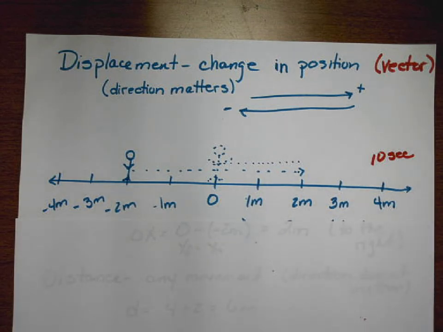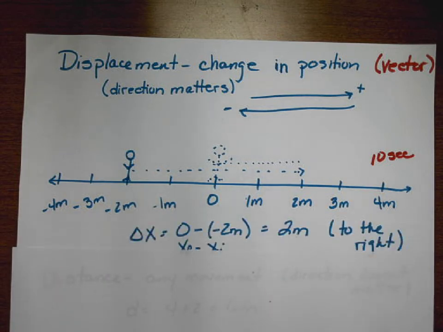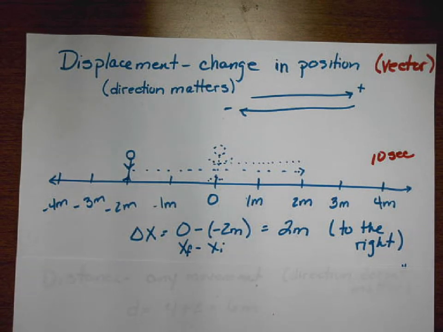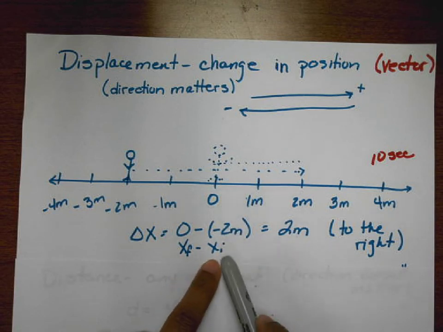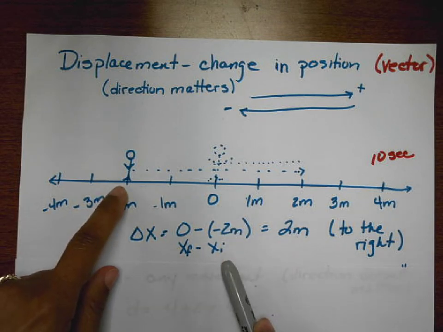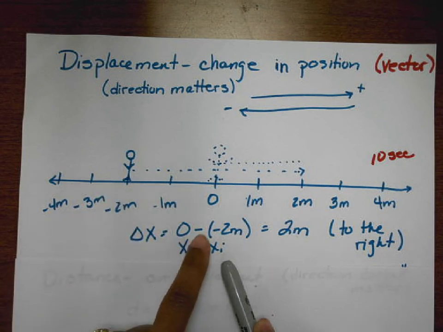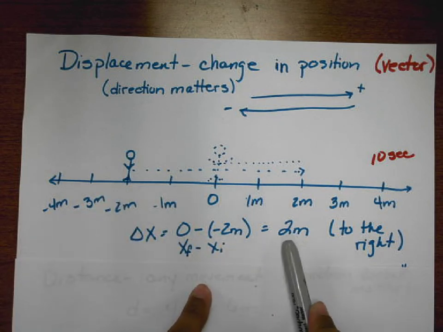According to the definition, displacement is the change in the position, the difference between where he started and where he ended. And there is a nice little equation, and it's called delta x. Delta x, the change in the position, is the final position minus the initial position. So my final position is at the 0 meter mark. My initial position, where he started, was at the -2 meter mark. So if I do 0 minus -2, I get an answer of +2 meters.